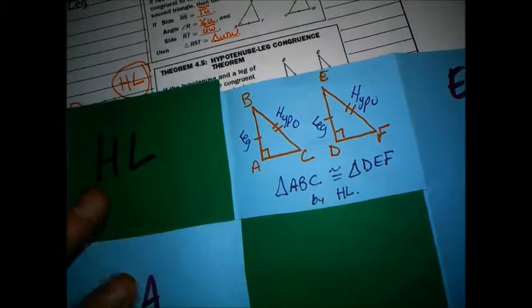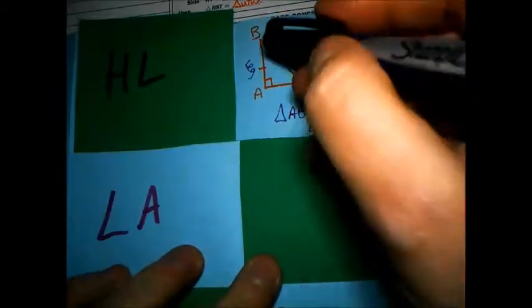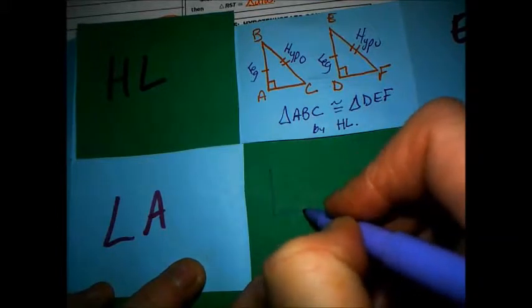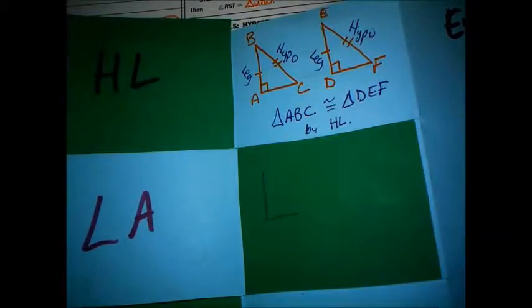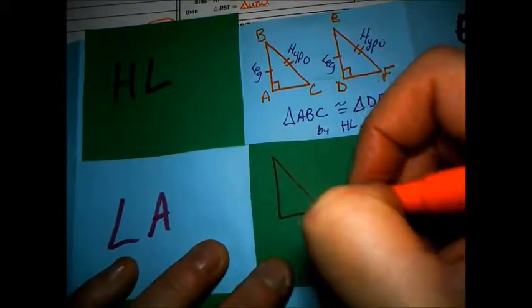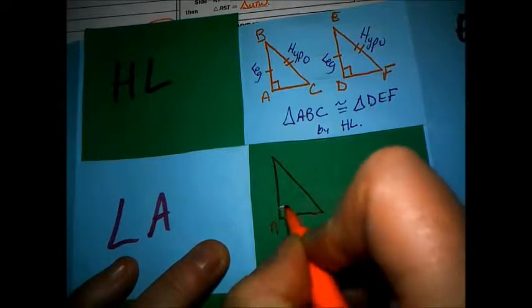In the same instance, we have LA. I'm going to copy the same exact triangles from above. Let me change markers. Let me go back to my orange. Okay. Have a right angle.